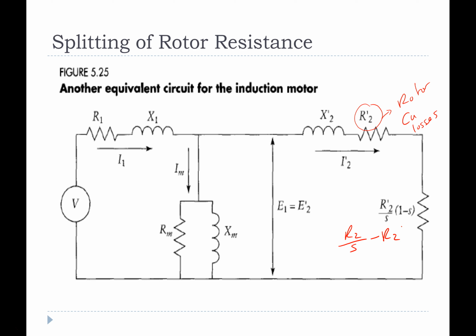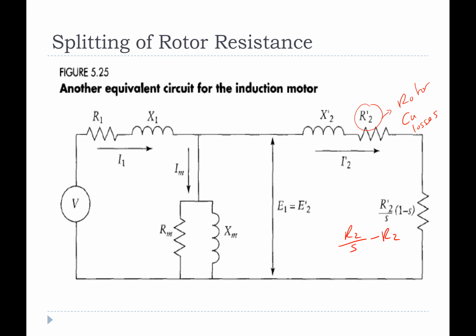So now I can clearly see the stator copper loss, the magnetization loss, the rotor copper loss, and this resistance here represents the mechanical load, the power that will go to the actual load being turned.